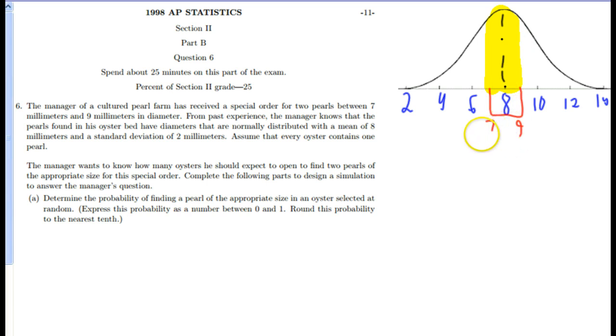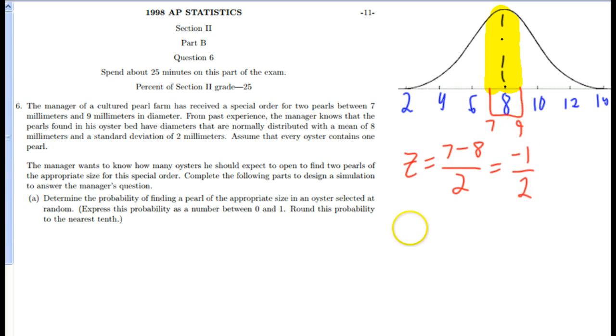Let's do some conversions with this 7 and 9. So remember the z-score. So z is x, which would be 7, minus the mean, which is 8, over the standard deviation, which is 2. So our lower z would be negative 1/2.